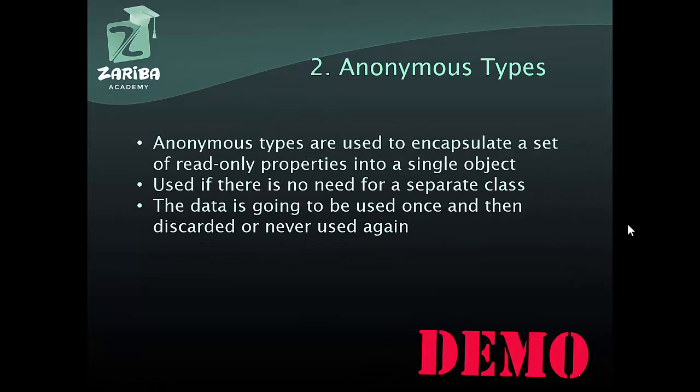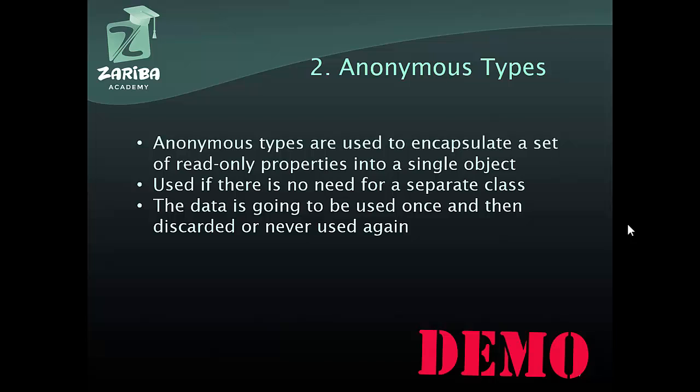Okay, anonymous types are used to encapsulate a set of read-only properties into a single object. It's used if there is no need for a separate class. So let's say that you get a little bit lazy and you actually want to have a student with a name, or a bunny with a name, age, and gender, and so on, but you're only going to use it once.